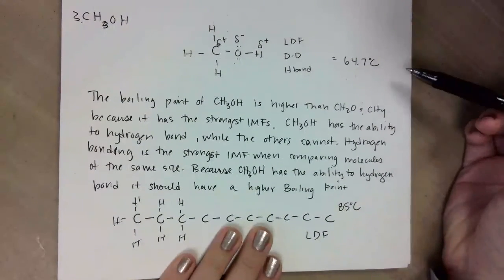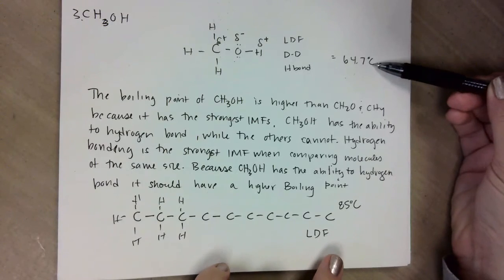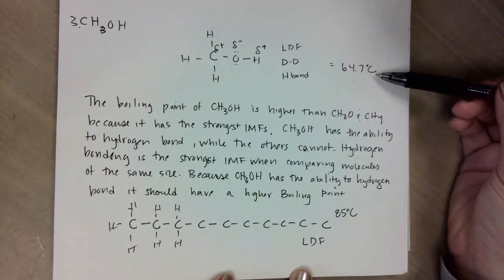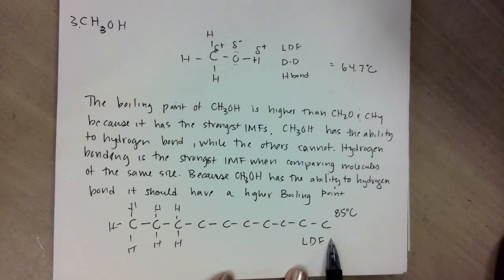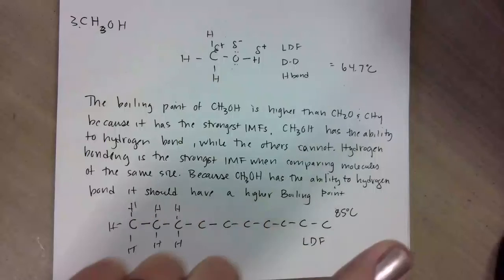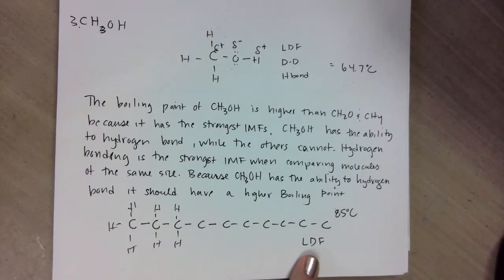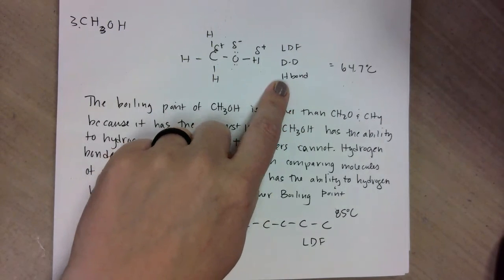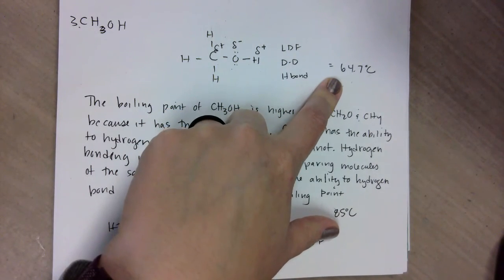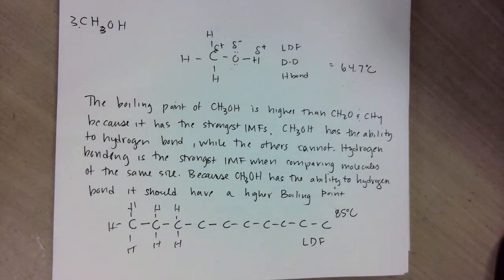That tells me, in this case, that the hydrogen bond in CH3OH isn't making a big enough difference to overcome the differences in these London dispersion forces. So in this molecule, because it has a higher boiling point, I know that the London dispersion forces in here are still stronger than the hydrogen bond here, because these temperatures give me that data. Okay, so you've got to be very careful when you go through these.